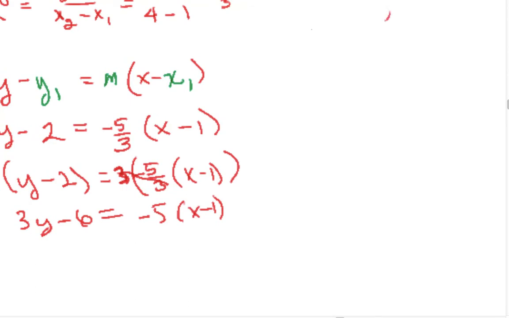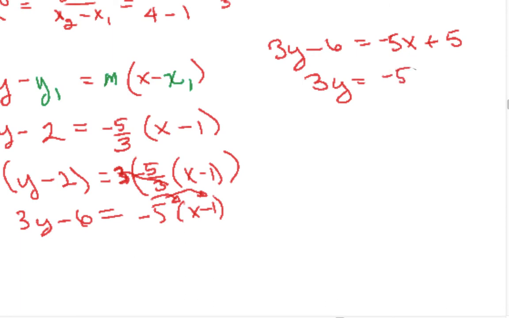So then I'm going to move up here. We have 3y minus 6 equals, and you can distribute that negative 5 through to both of those, multiply them. So you get negative 5x plus 5, add the 6 over, divide by 3.